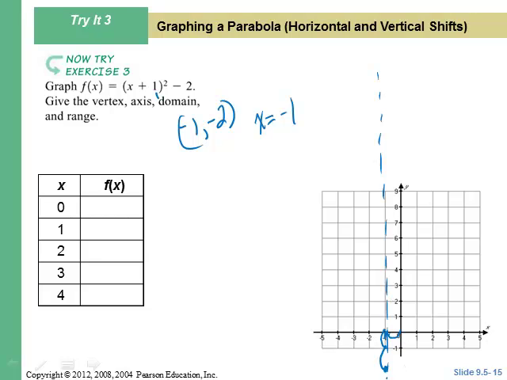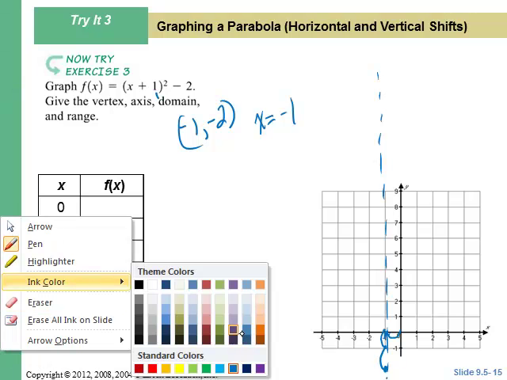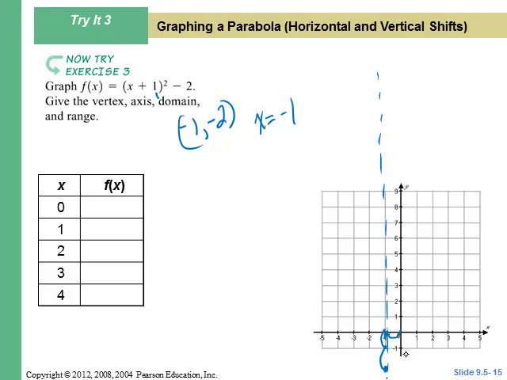And so I'm going to graph it even without filling in the values and then show you that those values are correct. So our graph looks like this. Okay, let's put in the values just to make sure.